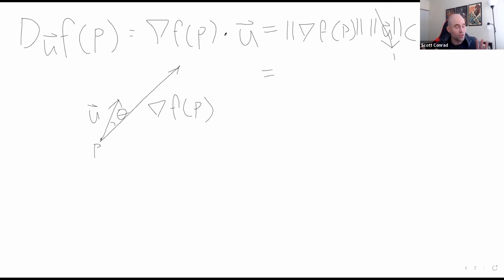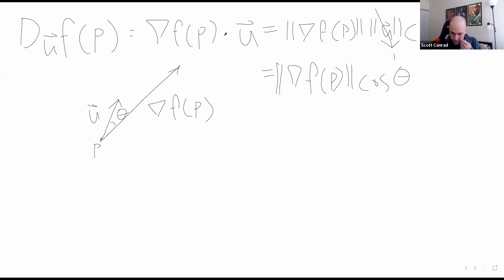So the directional derivative is going to be equal to the magnitude of the gradient at the point times cosine of theta, where theta is the angle between the unit vector u, the direction we're taking the derivative in, and the gradient vector itself. Okay, so what does this tell us about the directional derivative?